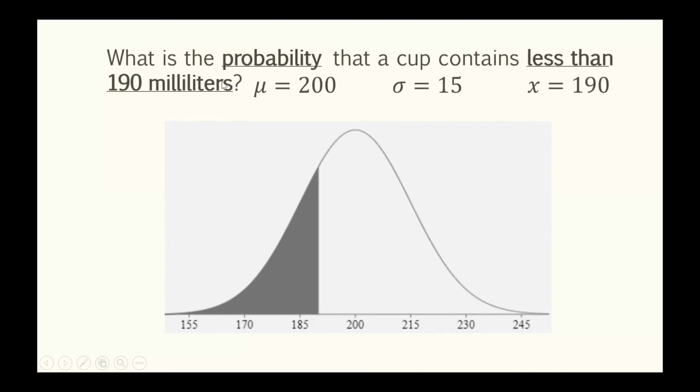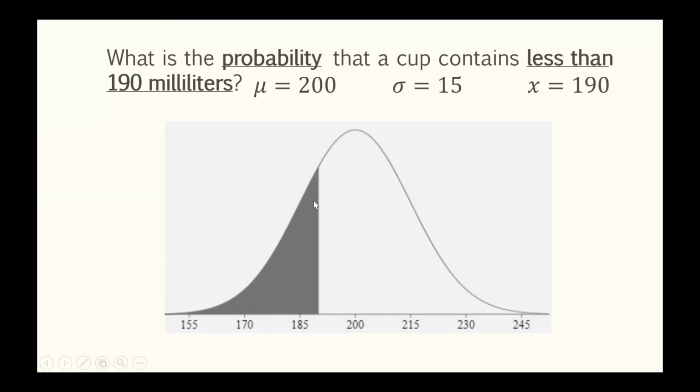Since in the problem, the keyword is less than, so yung shadean natin, because yung tinatanong is probability that a cup contains less than 190 milliliters. So from 190 dito, we are going to shade to the left of the curve. So these numbers are less than 190. 155 is less than 190. 170, 185 is less than 190.